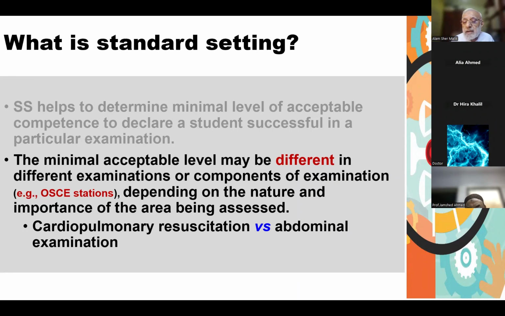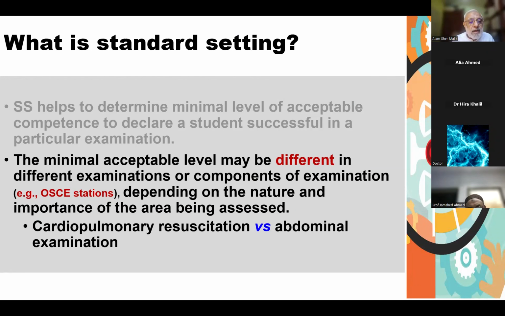For example, if we are having OSCEs, the minimal acceptable level in one OSCE may be very different from the minimal acceptable level in another OSCE, depending on the nature and importance of the area being assessed.